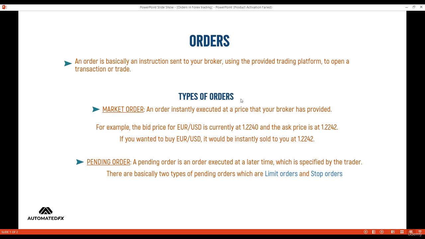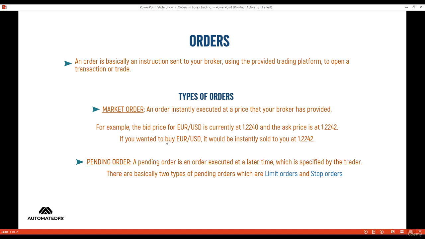Okay, so what are the types of order? There are basically two types of order. We have the market order and we have the pending order. So a market order is an order instantly executed at the price that your broker has provided. So for example, the bid price for Euro USD is currently at 1.2240 and the ask price is at 1.2242.